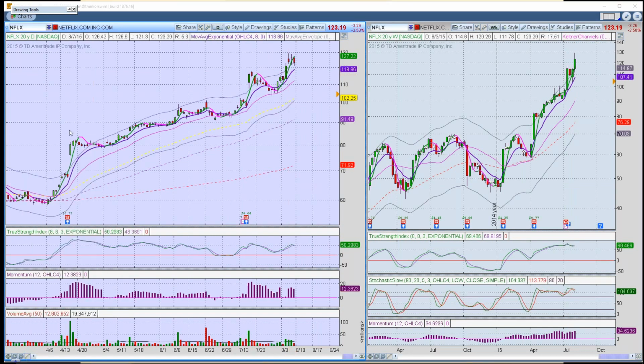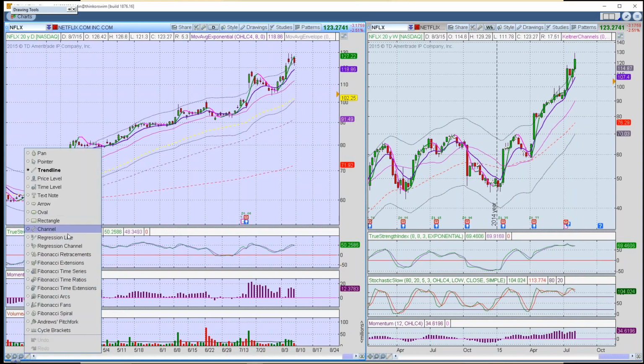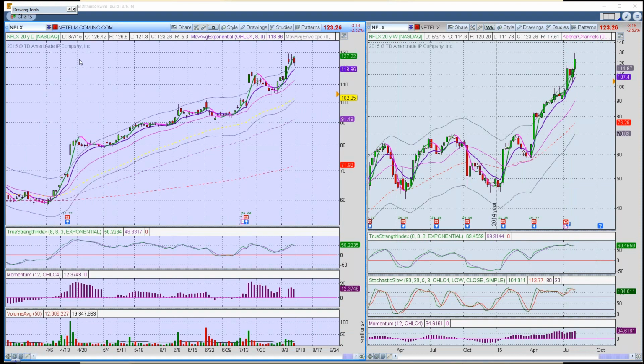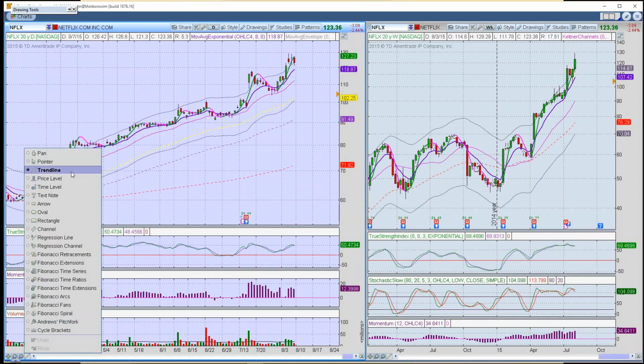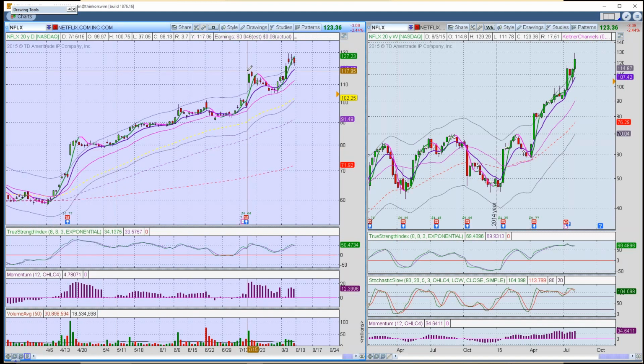Hold on a second. Here's your first level of defense, if you will.